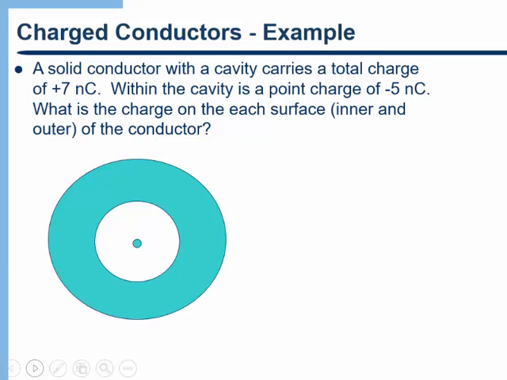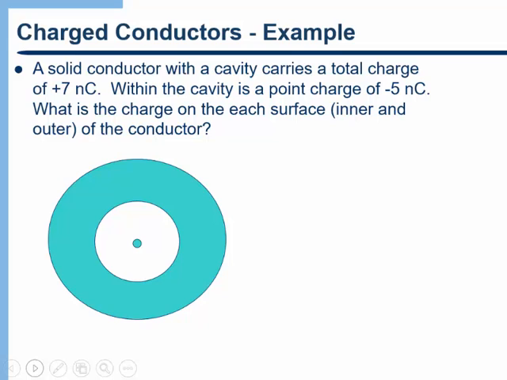So let's do a problem that needs the information we've just learned about the fact that the electric field must be zero inside a conductor in electrostatic equilibrium, even if there's a net charge on the conductor. So let's look at the example. A solid conductor with a cavity carries a total charge of 7 nanocoulombs.